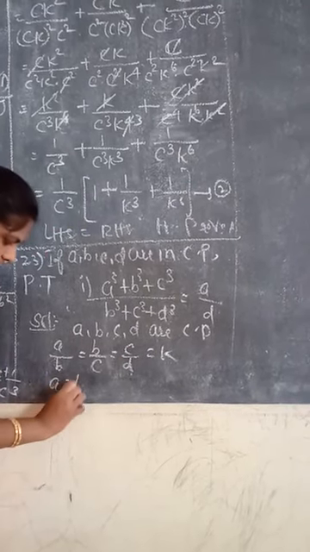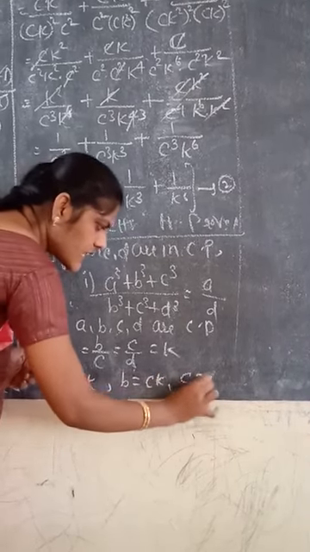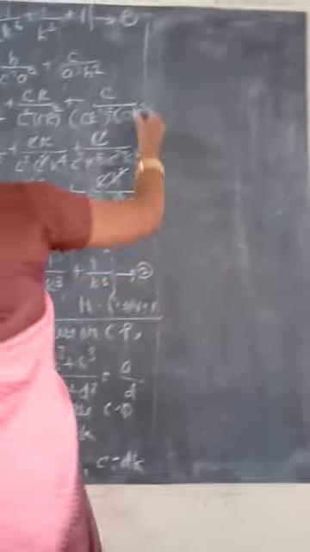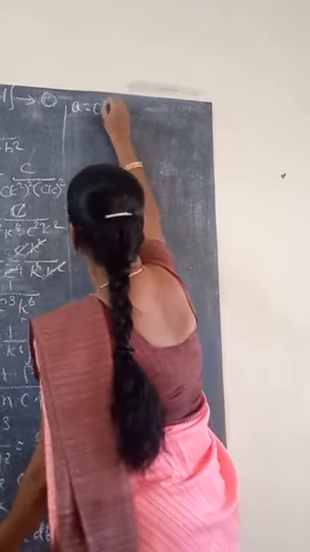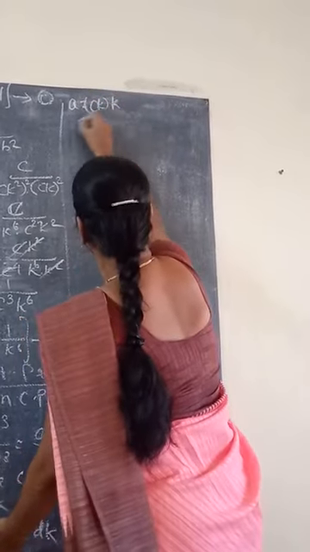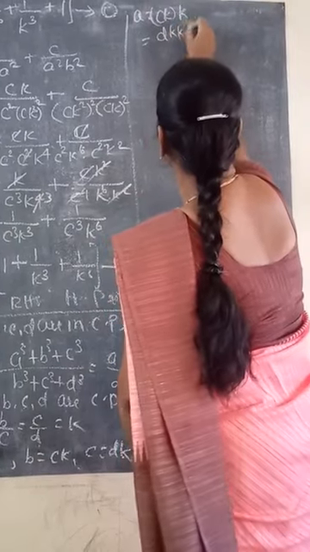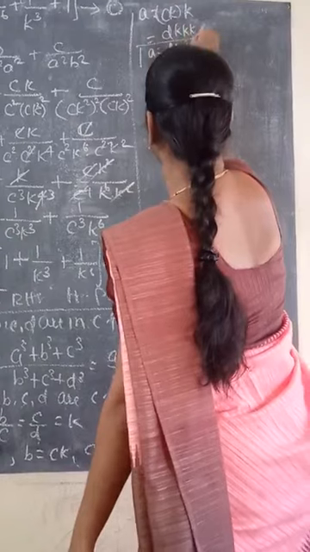So next a equal to bk, b equal to ck, c equal to dk. Again we need to substitute. Instead of b, apply ck, so ck into k. Again what is c value? dk, so dk into k. So dk cube, that is the a value.